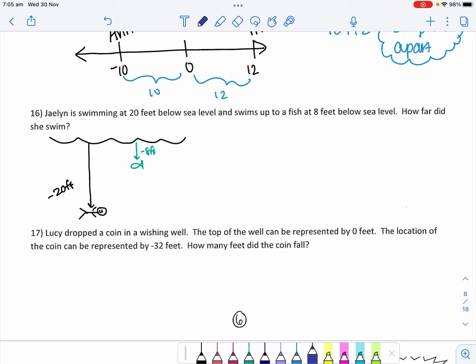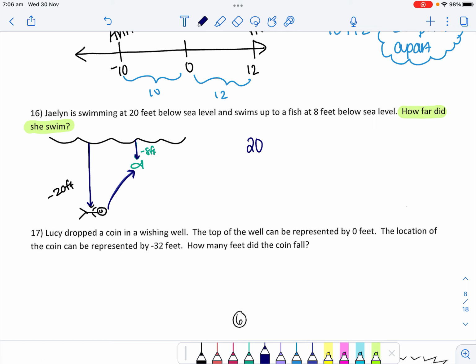And Jalen is swimming up to this fish. And I want to know how far did she swim? Well, again, when I'm talking about distance, distance cannot be negative. So she's 20 feet below sea level, and I'm swimming up to this.